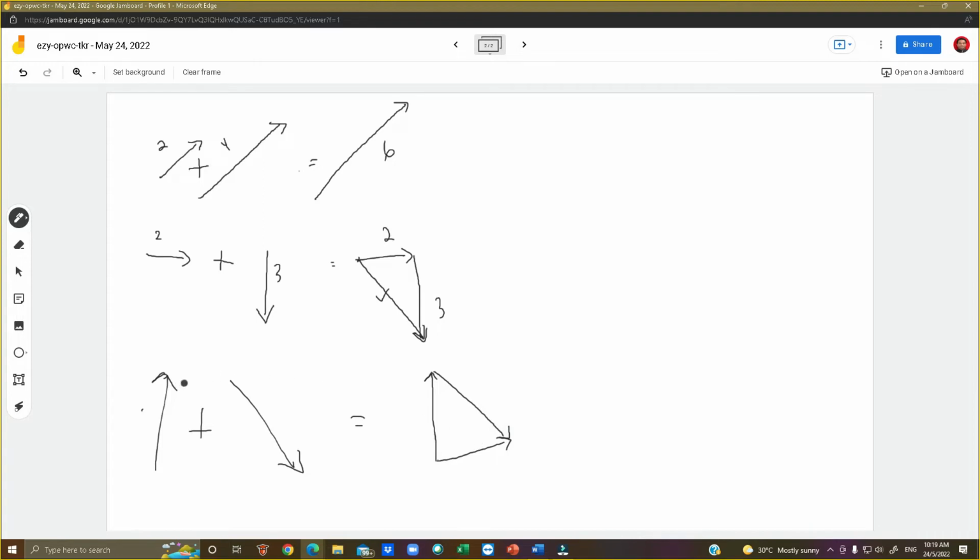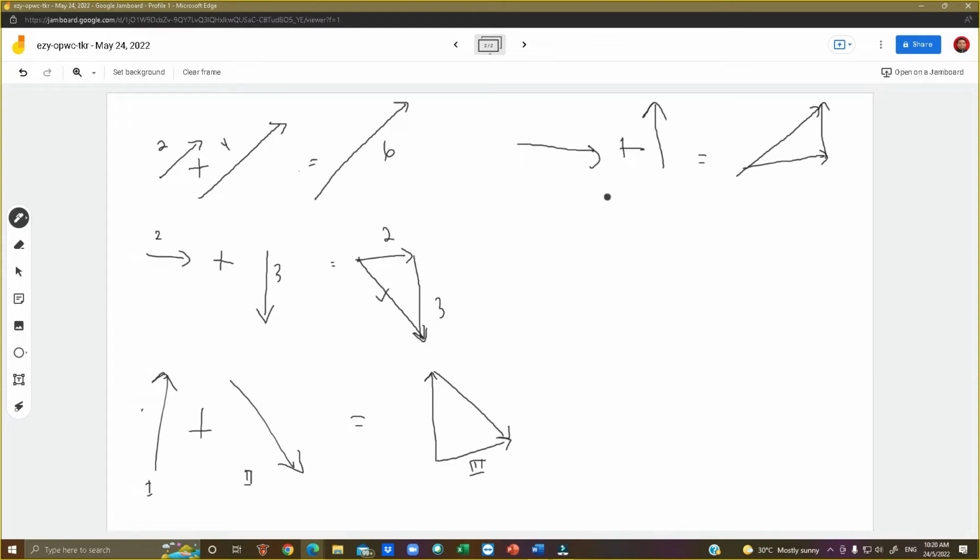Meaning that, if we add the first force with the second force, the object will actually move along the third line. The ball will move like that if we give forces like this. If we give a force vertically, then upwards, we give these two forces, the result is you're going to get something like this. The ball will go diagonally upwards. This is vector algebra.